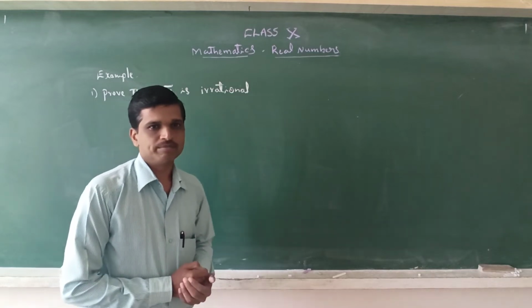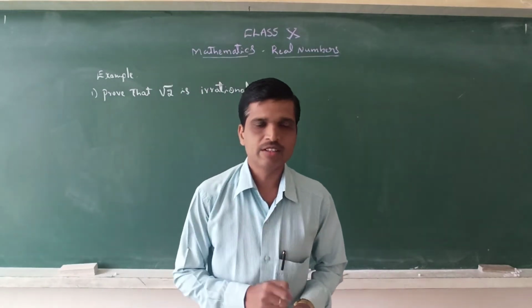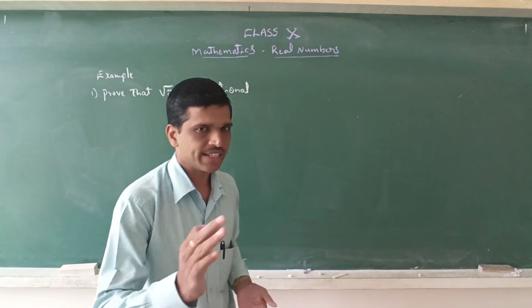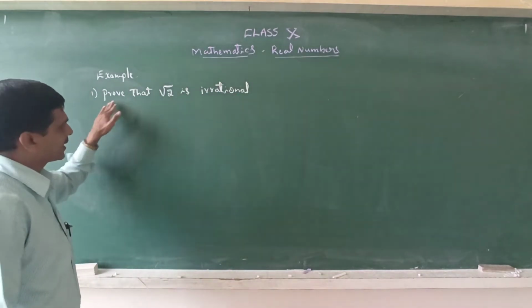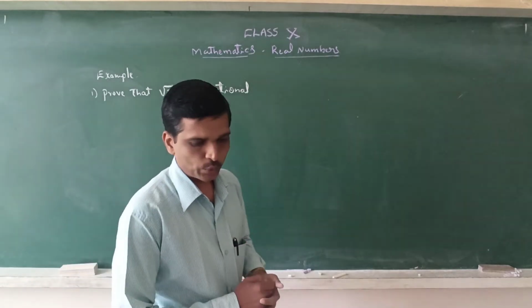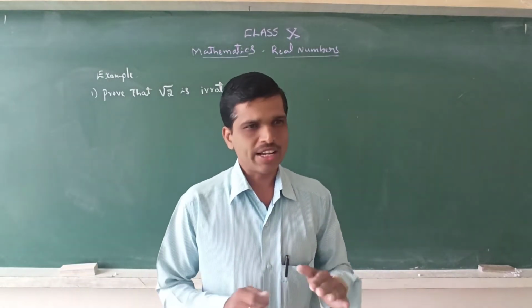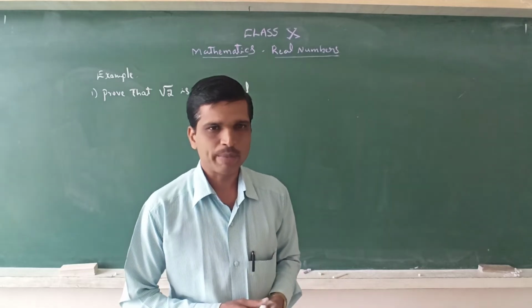Based on Theorem 1.3, which is prescribed in our NCERT textbook, let us now discuss the example. You know that every rational number and irrational number has a particular meaning.